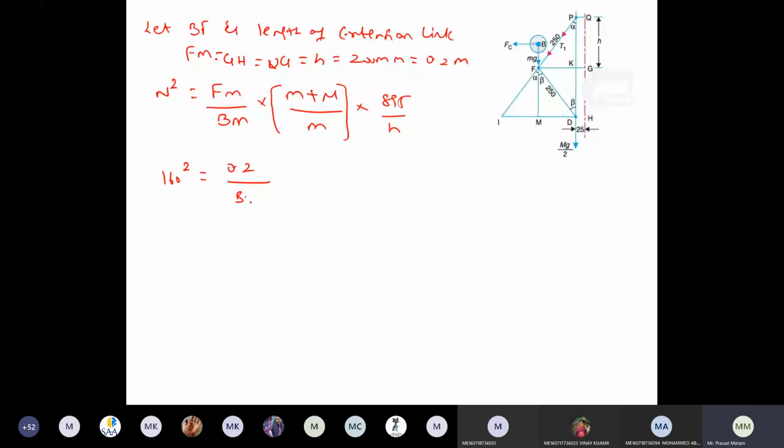We don't know the BM value. Small m how much? 3.2 kg and capital M is 25 kg. 3.2 into 895 by height of the governor, 0.2 meter.